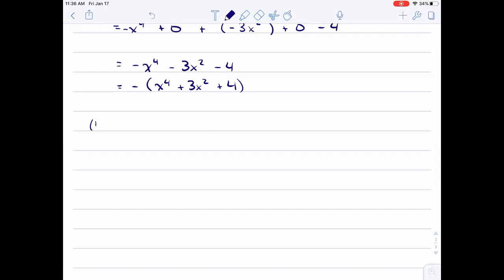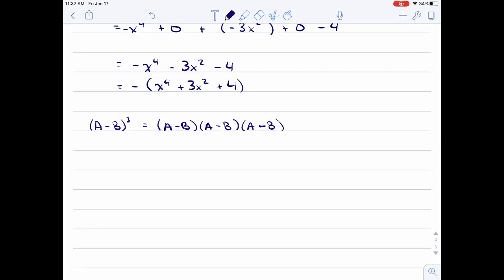So if you have a minus b to the power of 3, this is the same as a minus b times a minus b times a minus b, 3 times over.